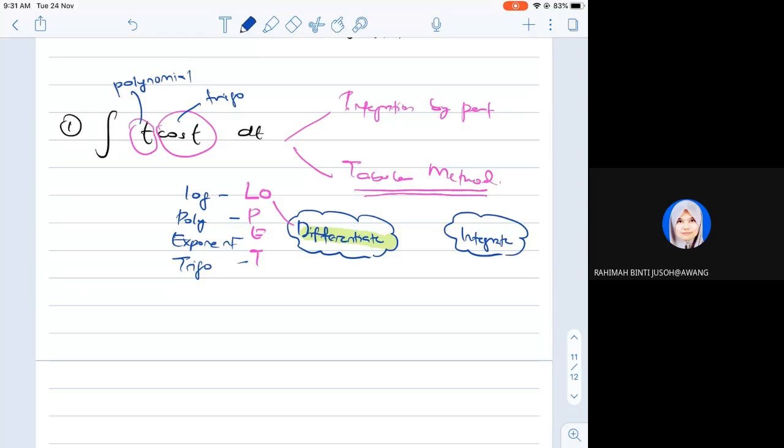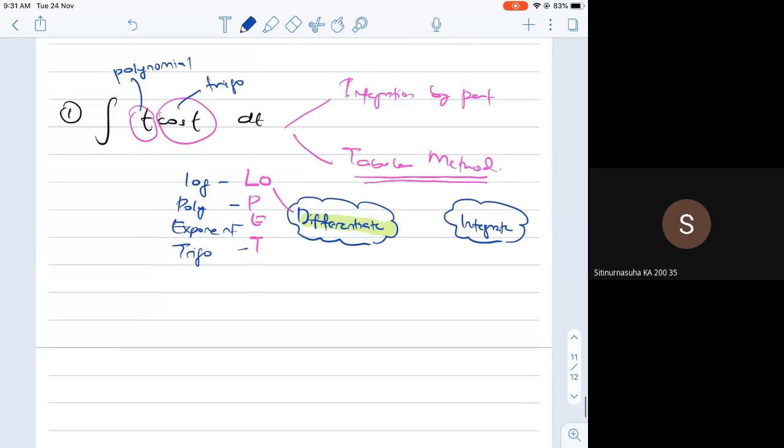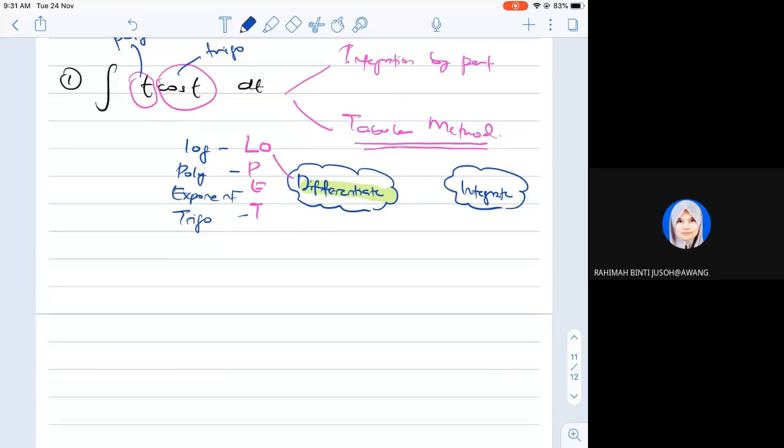So between polynomial and trigo, which one comes first? Polynomial. So we choose t to be differentiated, and the integrate column is cos t.